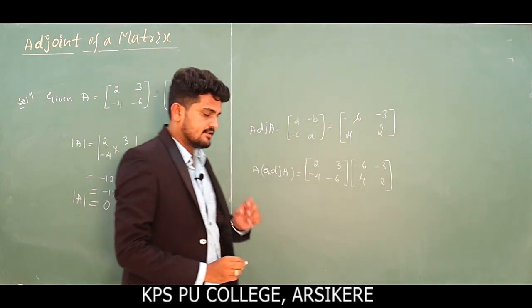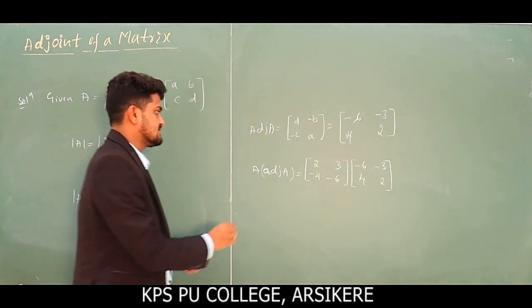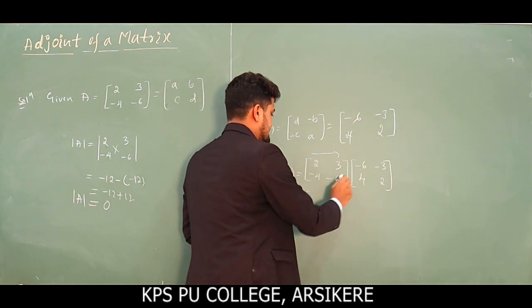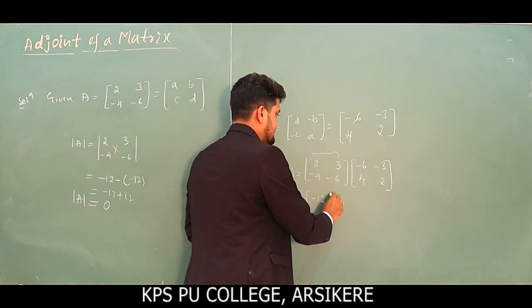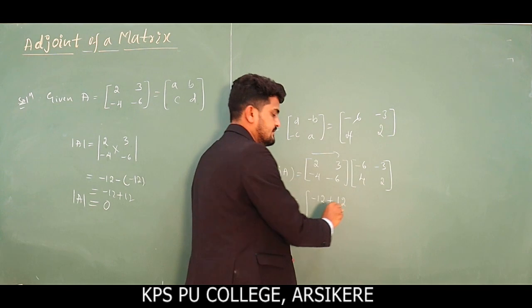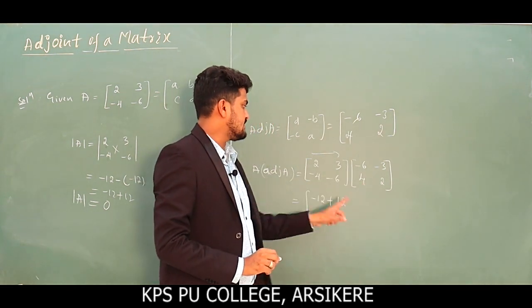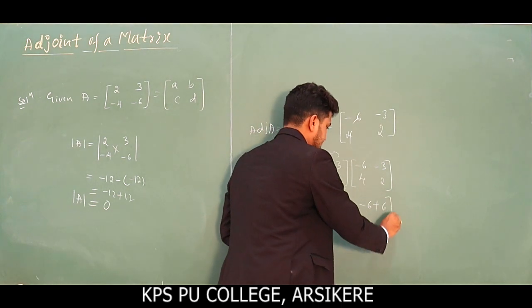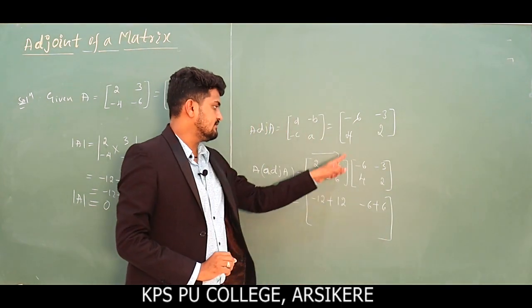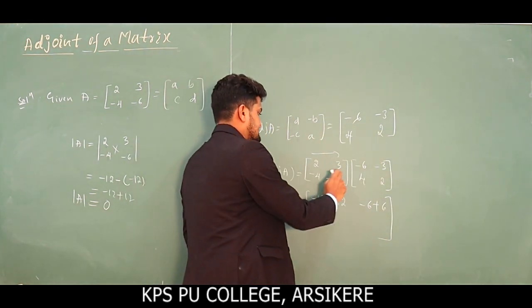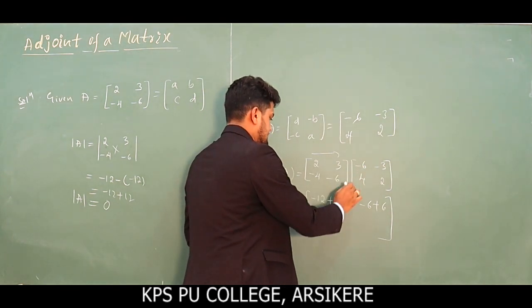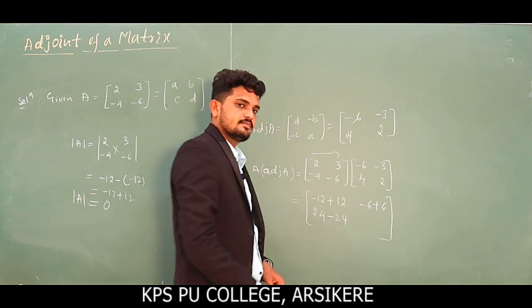So by using matrix multiplication, first row, first column: 2 into minus 6, minus 12, plus 3 into 4, 12. Next, first row, second column: 2 into minus 3, minus 6, plus 3 into 6. Second row, first column: minus into minus plus, 6 into 4, 24, minus 24, right?